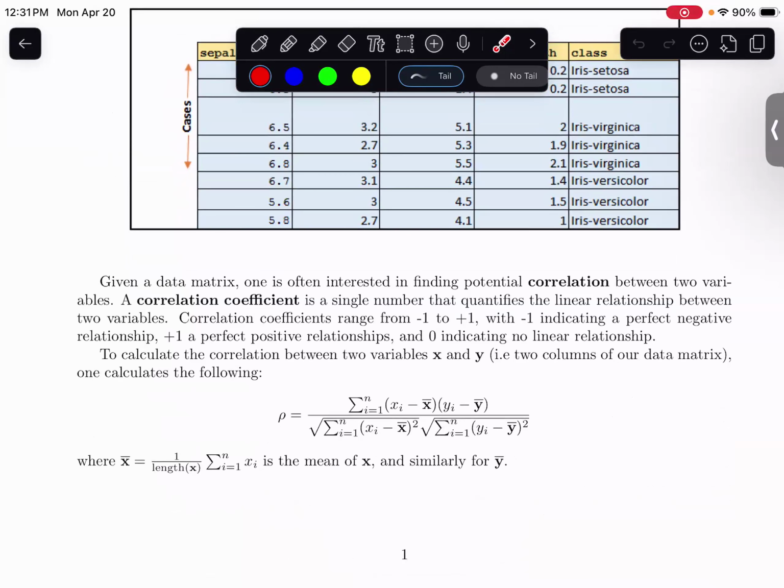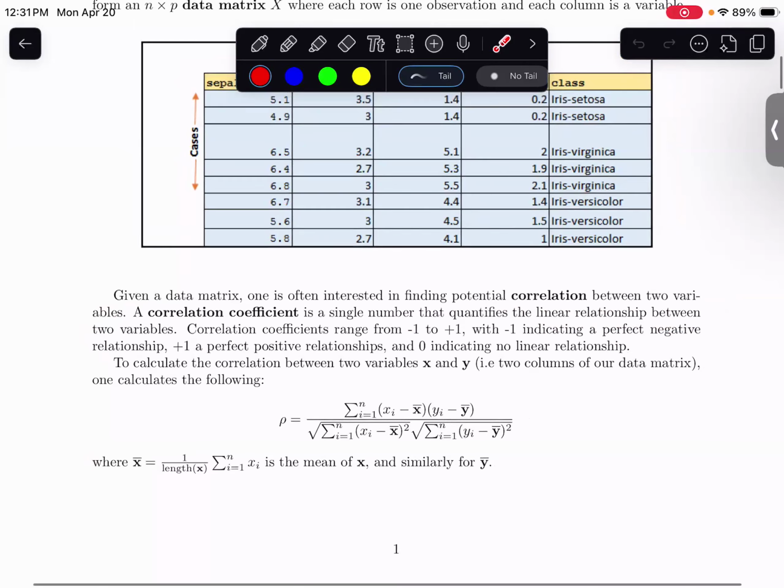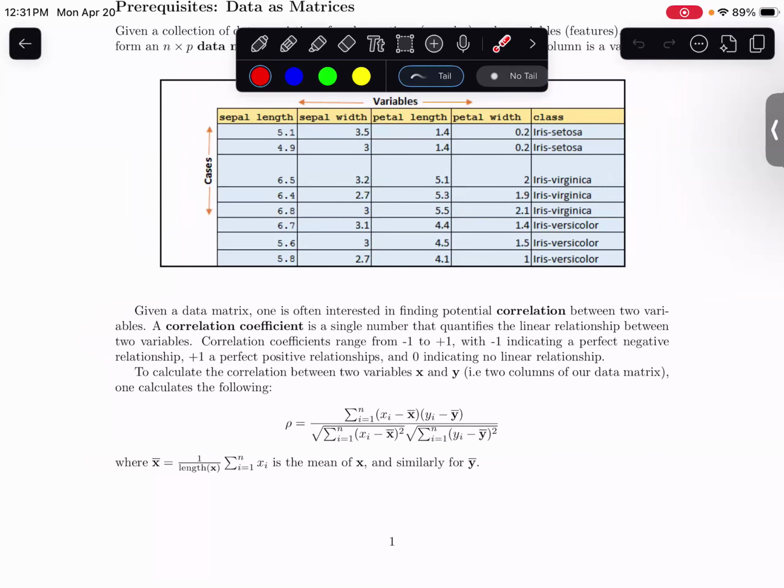We're really going to be looking at correlation, and really covariance, I suppose, which is the numerator of correlation. Given a data matrix, one is often interested in finding potential correlations between 2 different variables. A correlation coefficient is a single number that quantifies the linear relationship between 2 different variables. It's really just saying how much 2 variables relate to one another.